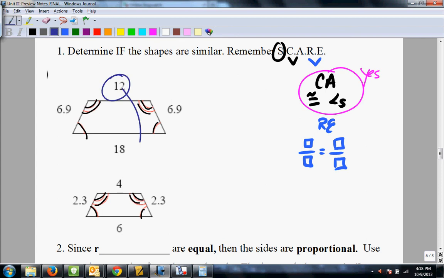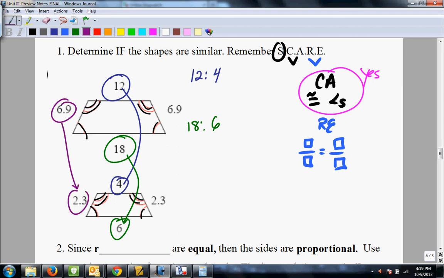Now let's see if our ratios are equal. Let's just circle 12 and its match is 4. Circle 18 and its match is 6. Let's circle 6.9 and its match is 2.3.